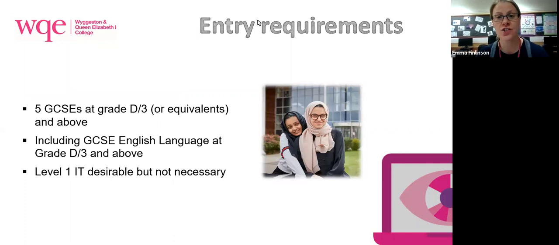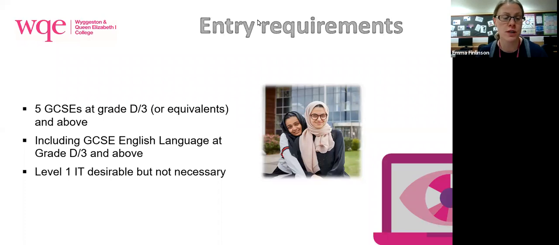Okay, so the entry requirements. The grades that you need to get onto the level 2 courses in IT: you will require 5 GCSEs at a grade D or a 3 and above. We also accept equivalents to GCSEs. You would need to have a GCSE English language at grade D or a 3 and above.